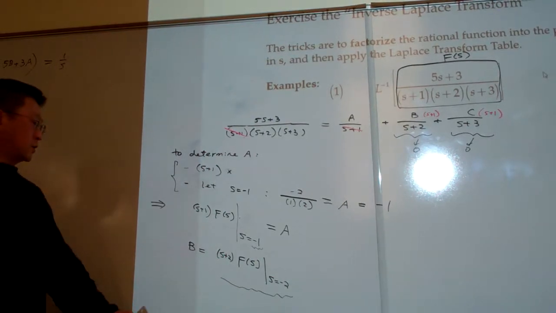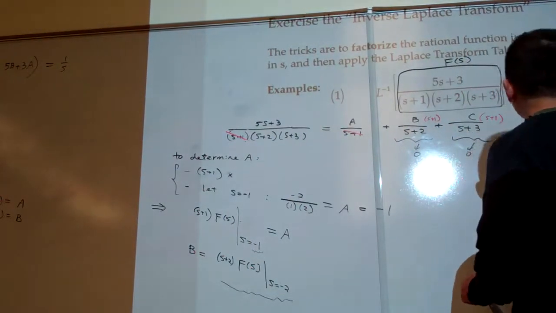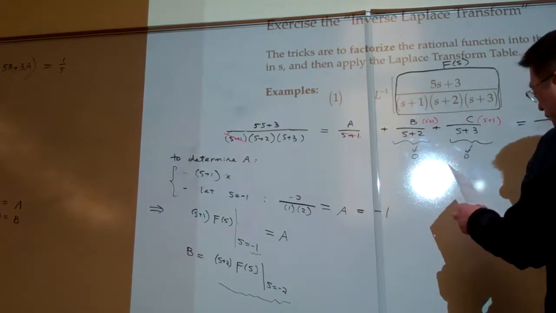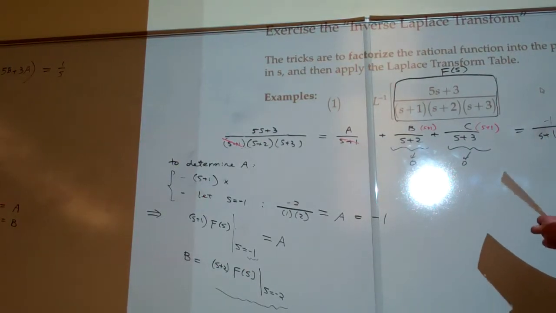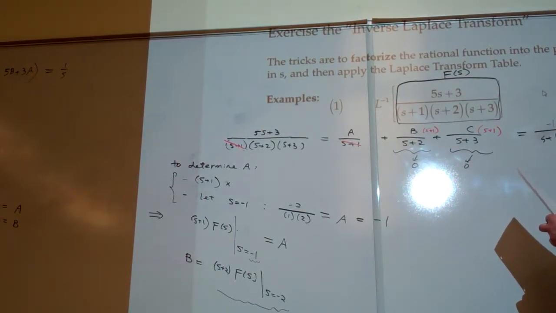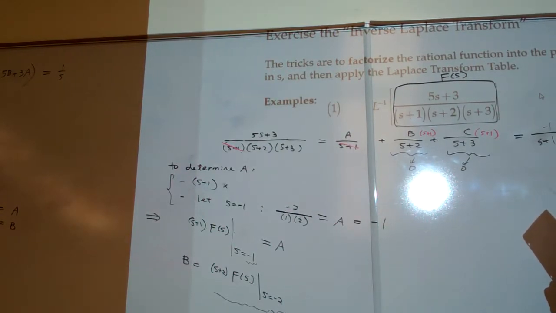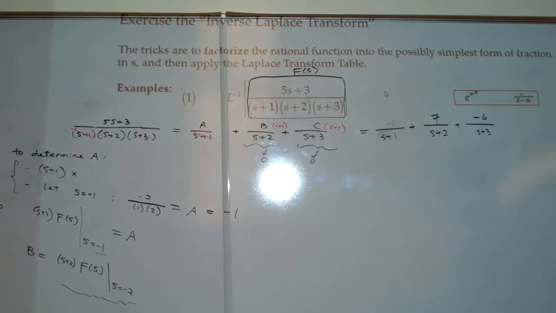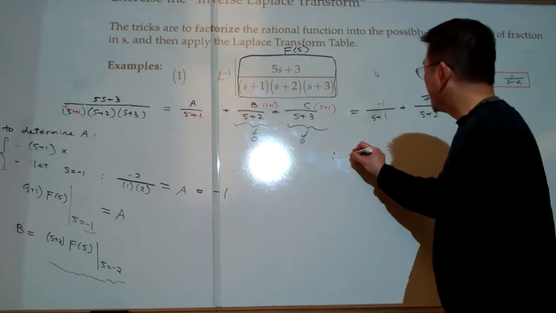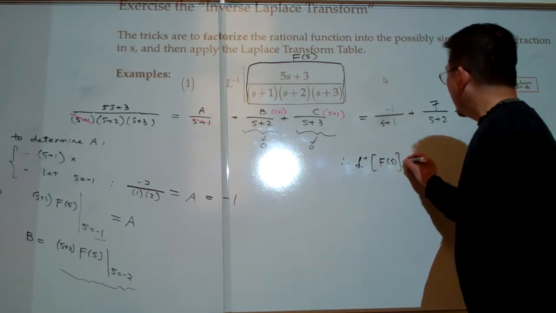So repeating the whole thing, F(s) will be equal to minus 1 over (s plus 1), plus 7 over (s plus 2), plus minus 6 over (s plus 3). Good. Now we want to do the inverse of F(s).